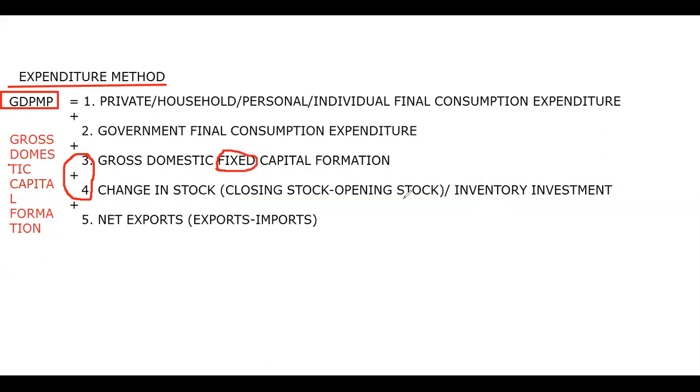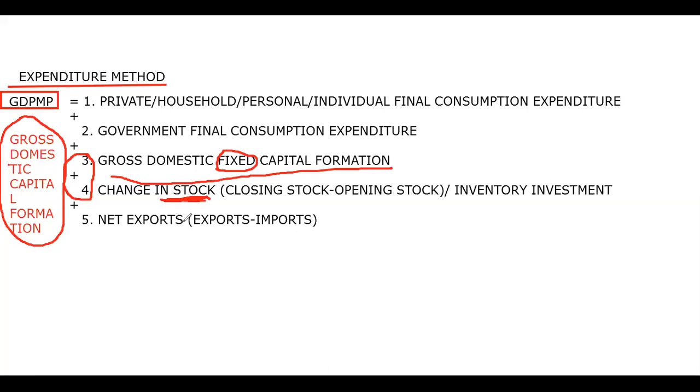The fourth element is the firm's investment on current assets like stock. This is the total investment. If this total investment is given, there is no need to take the change in stock. But if gross domestic fixed capital formation is given, then you need to take the change in stock also to make the total investment. I think now it is clear to all.